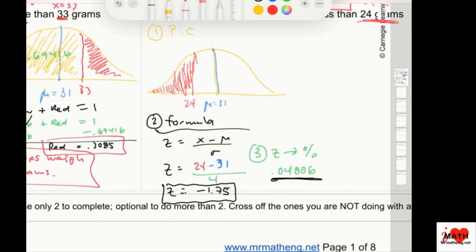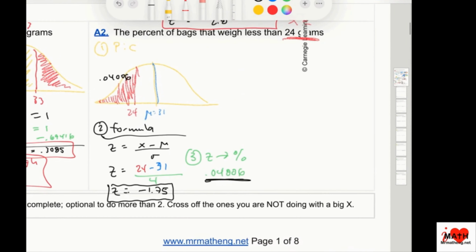Okay? That means that this red region represents 0.04006, and that's all I needed to find. So the red region is basically, remember, move it 2 decimal places, 4.006%.